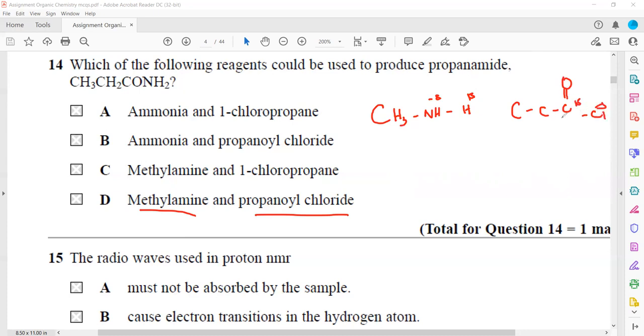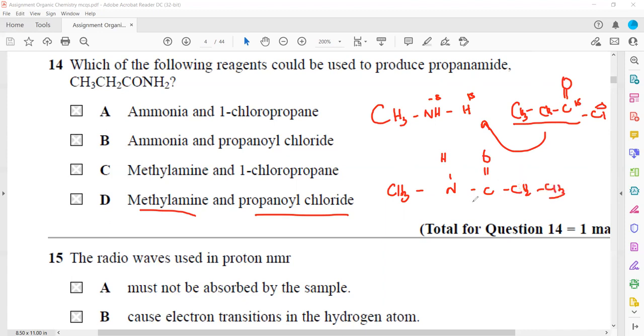When we compare, this whole is partial positive, so this carbon chain will take the position of the hydrogen, and as a result it will produce amide. So this will be CH3, NH, then C double bonded with O, CH2, CH3.